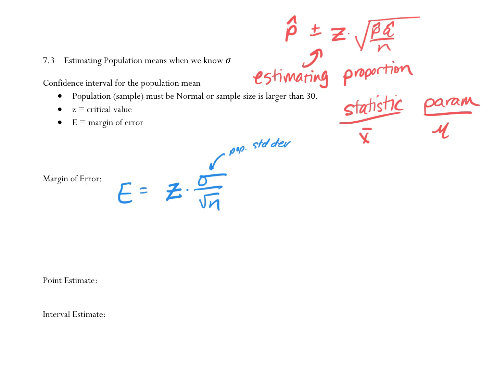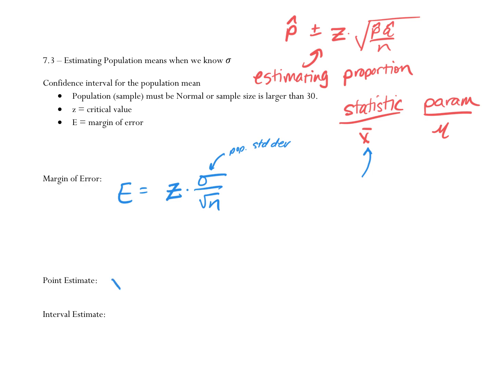And what do you think my point estimate is going to be? What's my best guess at what the population mean is going to be? That's a really good guess of what my sample standard deviation would be. But the best guess at my population mean is my sample mean.